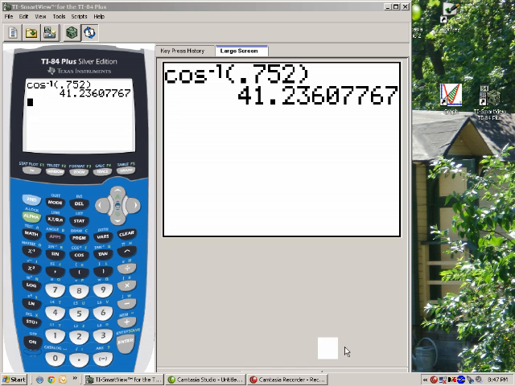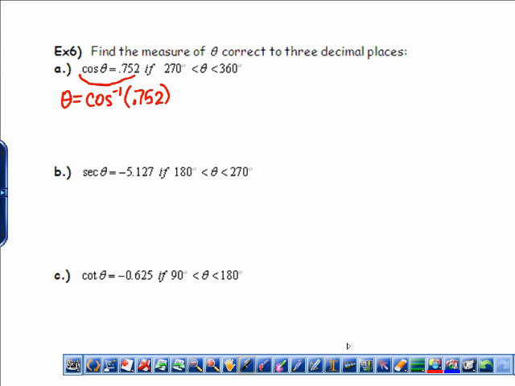They told us that by telling us this. Okay, they didn't say it in the direction, but they told us it was between 270 and 360. All right, so 41.236 degrees. Okay, this is obviously not between 270 and 360, which is quadrant 4. All right, this is actually the reference angle.